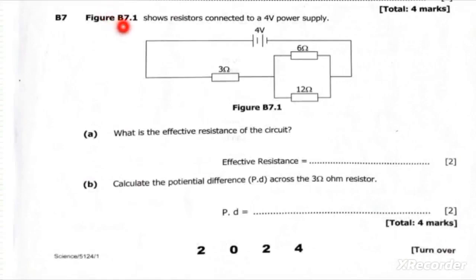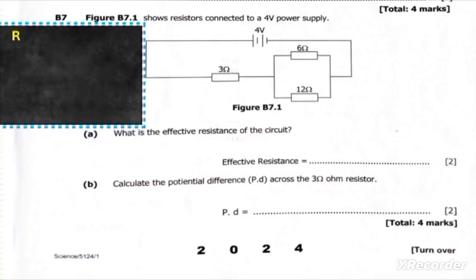Figure B7.1 shows resistors connected to a 4V power supply. Question A. What is the effective resistance of the circuit? We are simply looking for the total resistance.